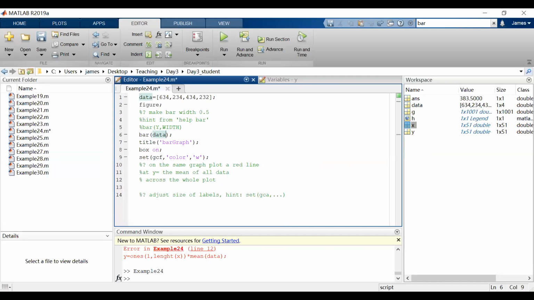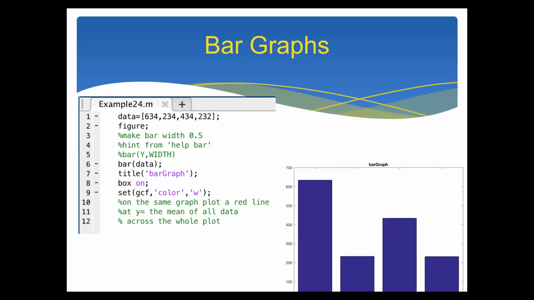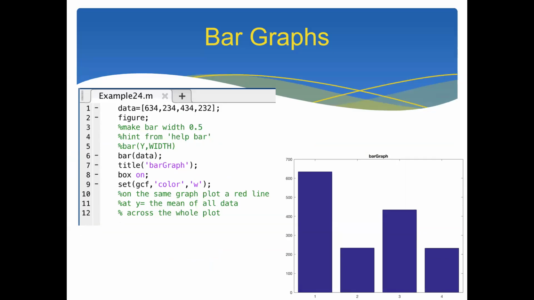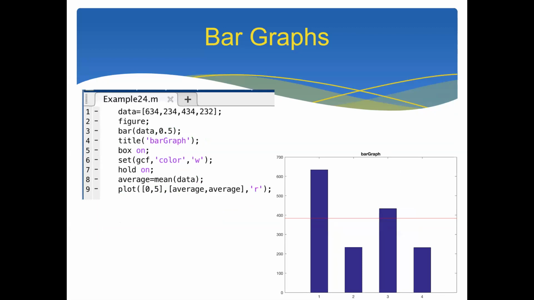Any question? So here we previously actually used a different way of plotting this line. It basically has two points for the x and two points for the y.